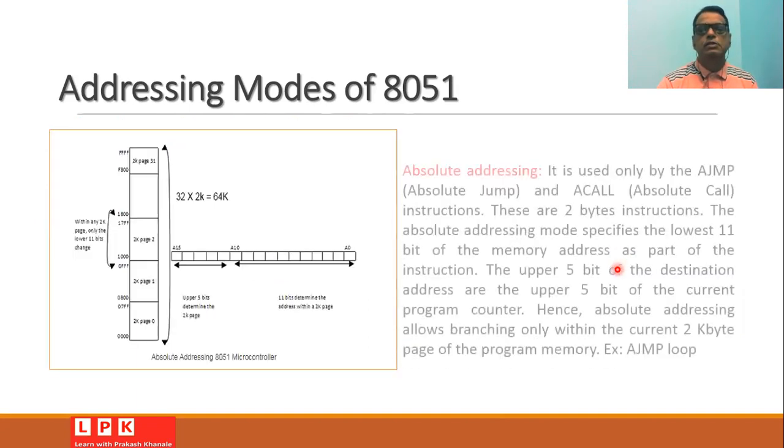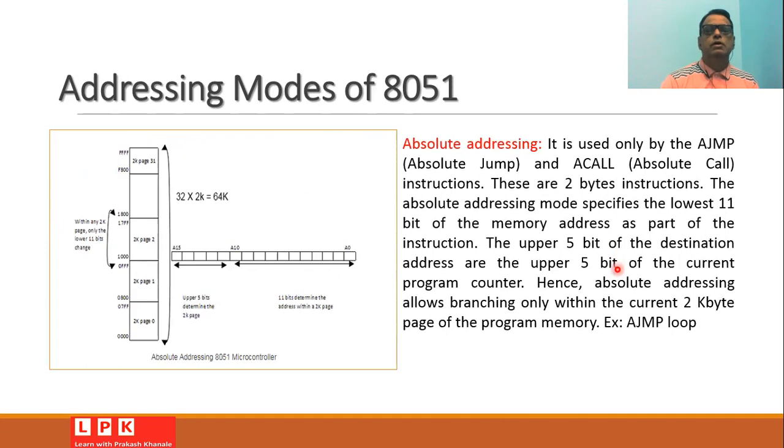Another addressing that is very commonly used in the instructions of the 8051 is called absolute addressing. This absolute addressing is used with the absolute jump or absolute call instructions. These instructions are 2-byte instructions.